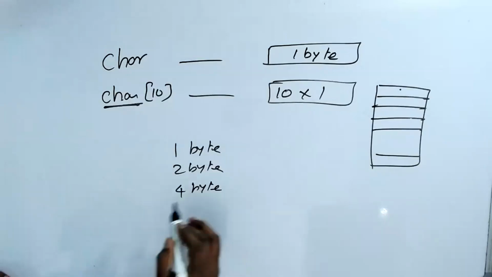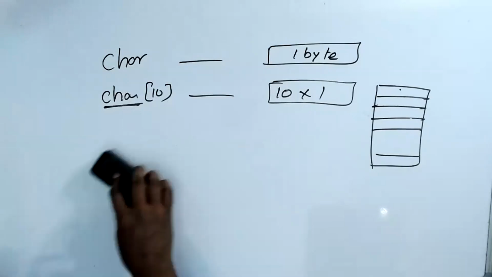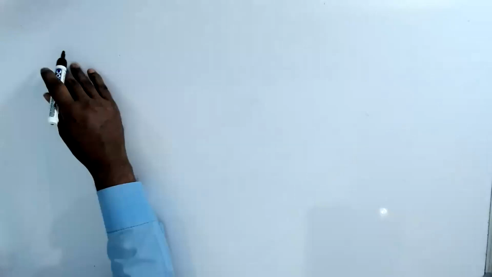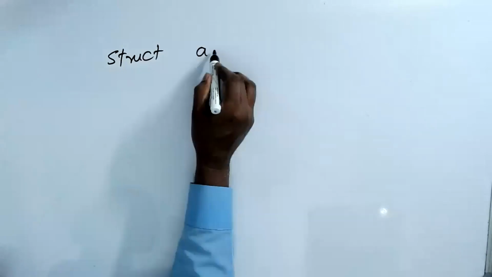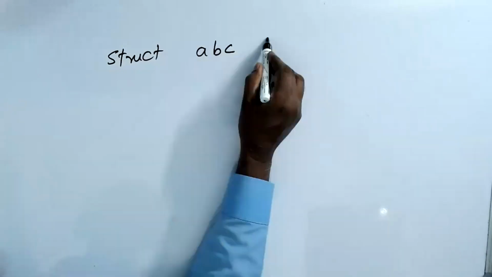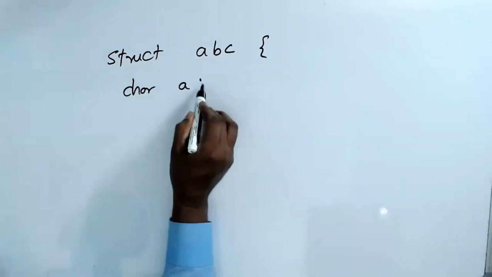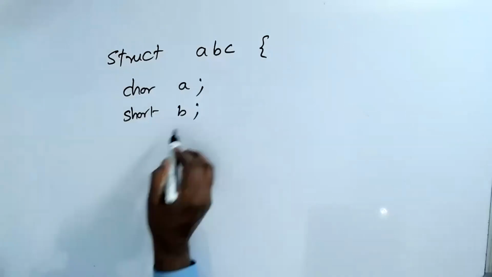Now, how do I define it? For that, they brought a new thing called structure. You can say struct ABC: char A, short B, long C. See here.